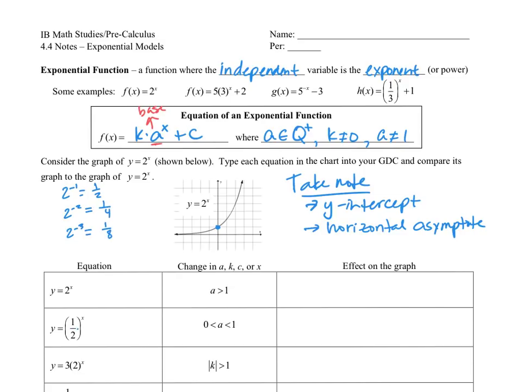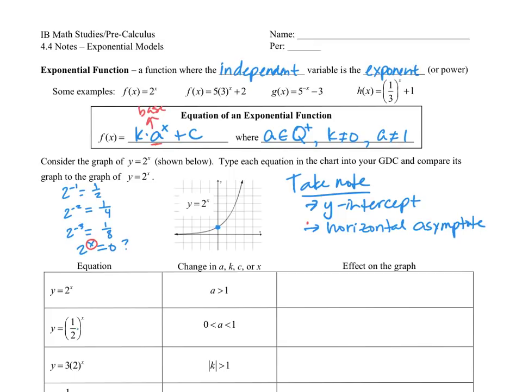You can see how these y values are getting smaller and smaller, but they're never going to get to 0, because is there any number we could put in for x here that would create a 0? The answer is no.